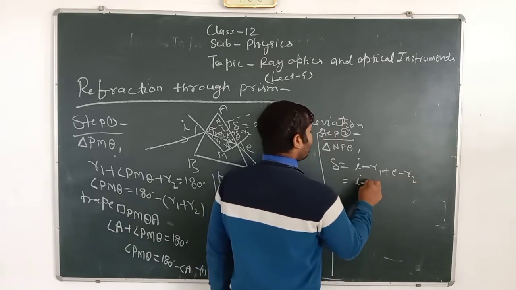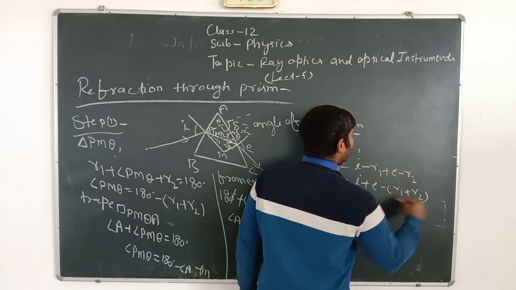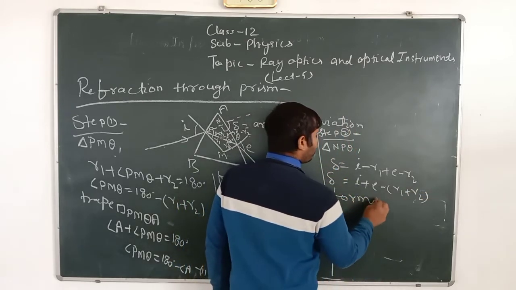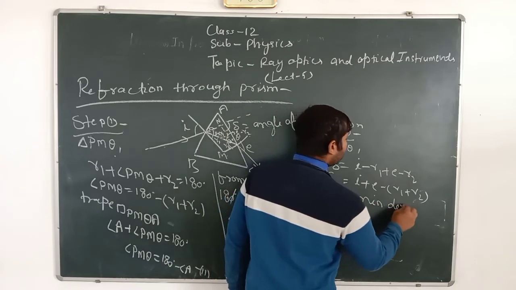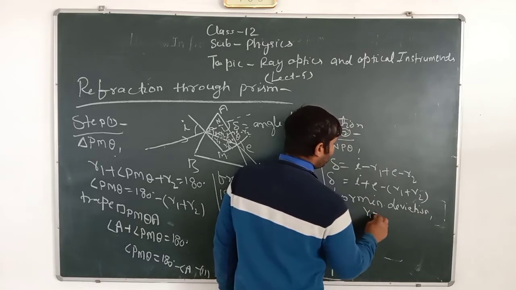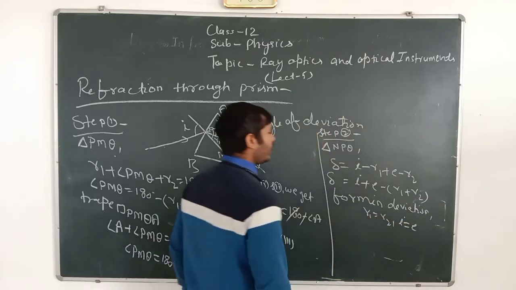So it will be equal to I plus E minus R1 plus R2. This will be your delta. For minimum deviation, for minimum angle of deviation, R1 will be equal to R2, and angle of incidence is equal to angle of emergence.